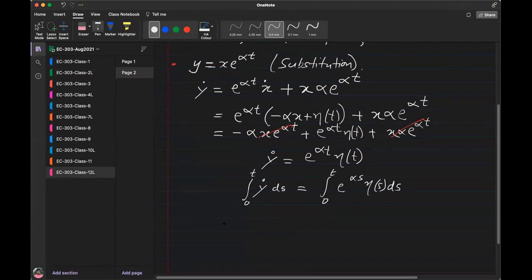The left hand side becomes y of t minus y of 0, whereas the right hand side just remains as it is. We don't know what this integration is, but effectively you can interpret the right hand side as follows: eta s is the stochastic term, and s varies from 0 to t, the start of your stochastic process up to some arbitrary time t. You multiply eta of s with e power alpha s, and then you take the integral.